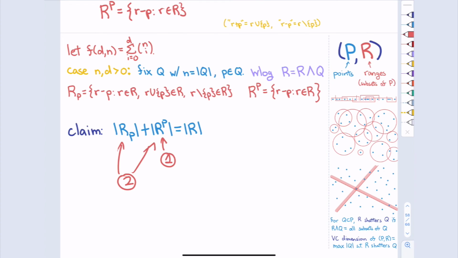And lastly, if you have a range that contains the point, and if you subtracted the point it's again a range, then R minus P will appear up here, and you don't get counted over here.